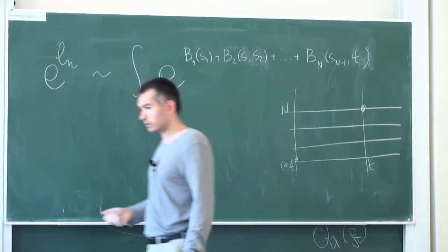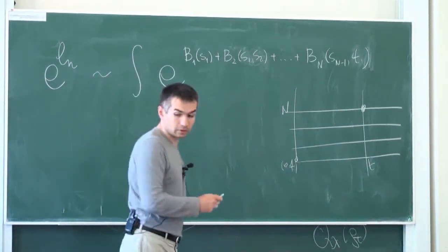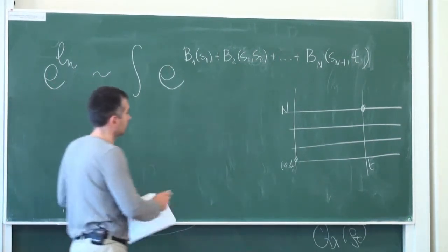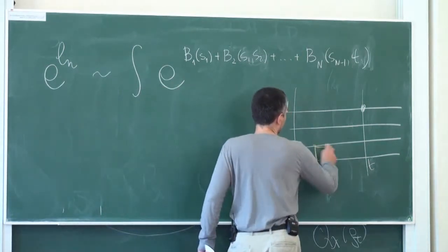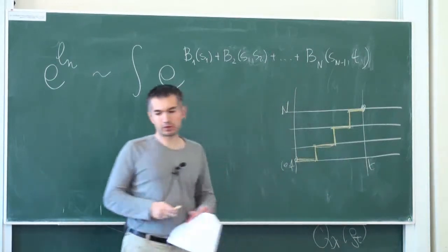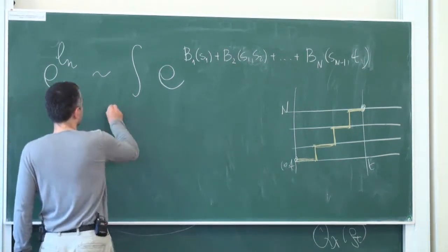The paths that go are, that's that color. These are the paths. So this is a simple situation when the space of paths is finite dimensional.